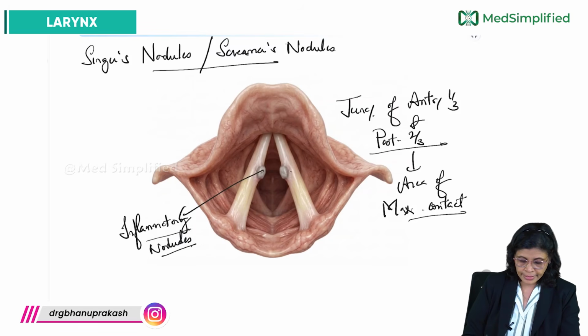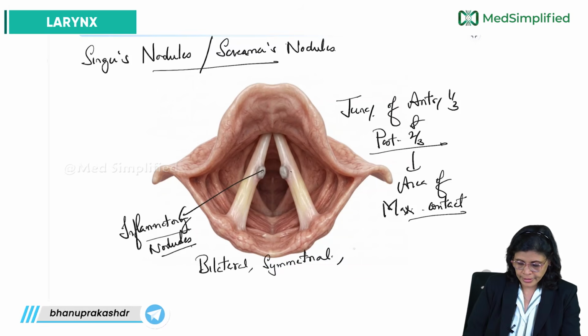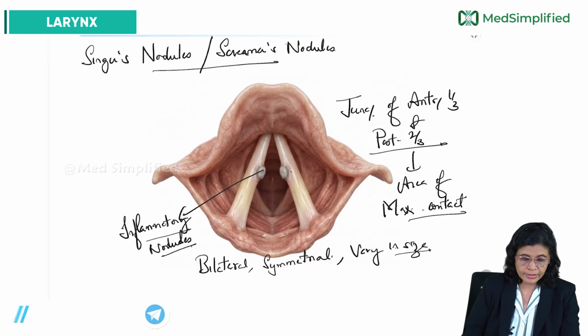Usually they are bilateral, present on both sides, symmetrical, and vary in size, from a pinhead up to a pea size.